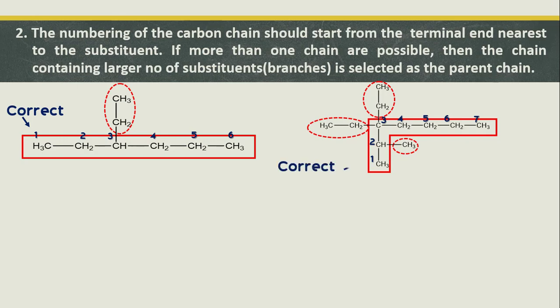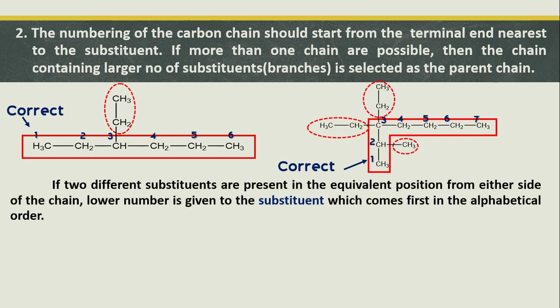Similarly, if two different substituents are present in equivalent positions from either side of the chain, then the lower number is given to the substituent which comes first in the alphabetical order. Let's take an example here.